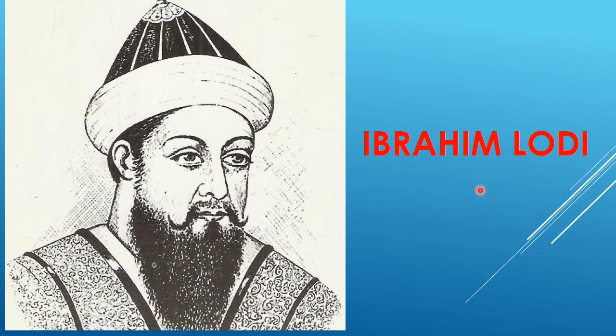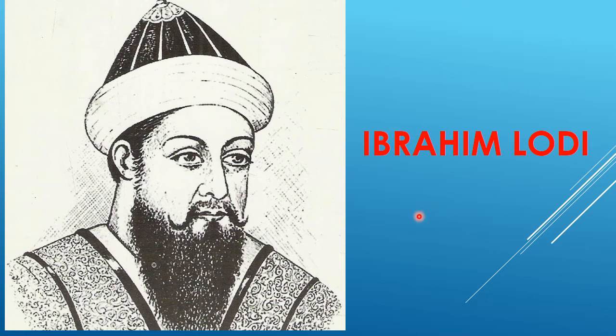Now, one such noble of his, who was also his cousin, called Daulat Khan Lodi, who was a governor of Punjab, was not happy with his dealings. In fact, he wanted to take revenge. Now, how will he take revenge? It was very difficult to defeat Abraham Lodi because he had a huge standing army, lots of elephants and soldiers.